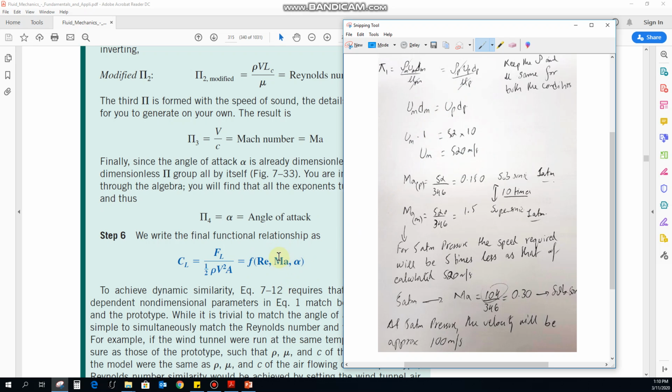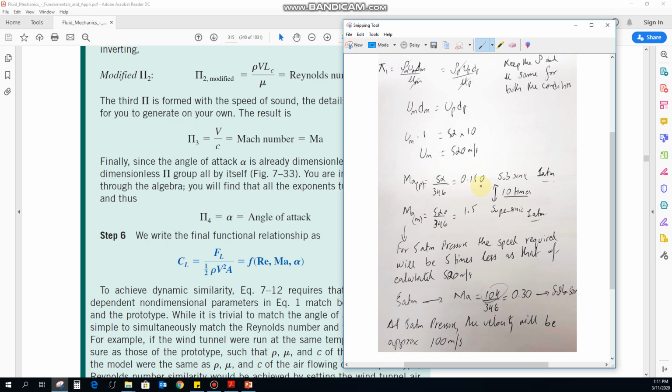Then the next dimensionless number we have in the equation is the Mach number. It can be used to compare the speed of the model and the prototype with the speed of sound. So for the prototype, the actual speed provided in the question was 52, and the speed of sound is 346 meter per second.